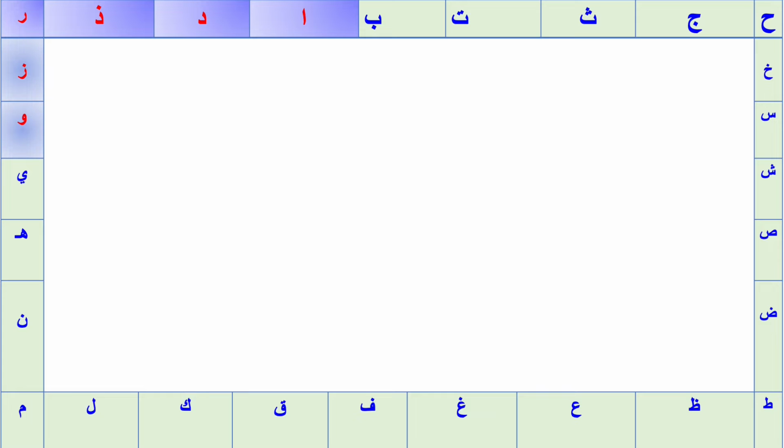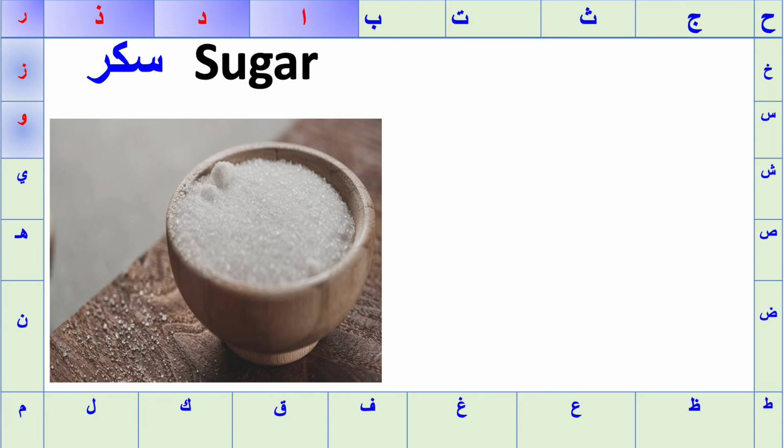Let's have some examples representing this shape. The example that we have is the word sukkar, which stands for sugar in English. The component letters of the word sukkar are sin, kaf, ra. That is how the sin will extend so that it can connect with the kaf.